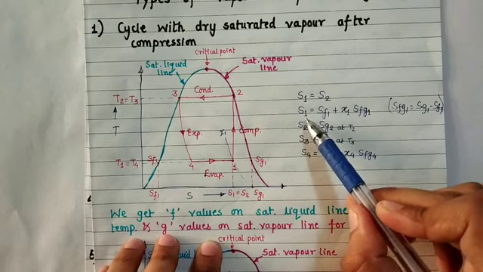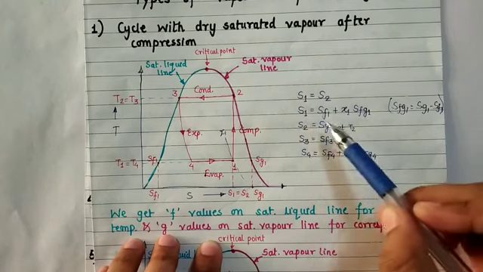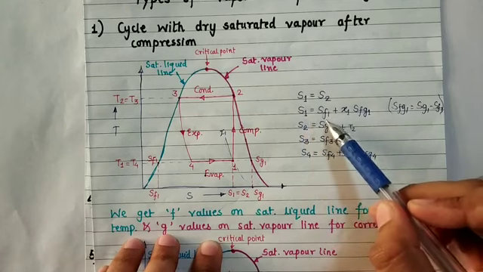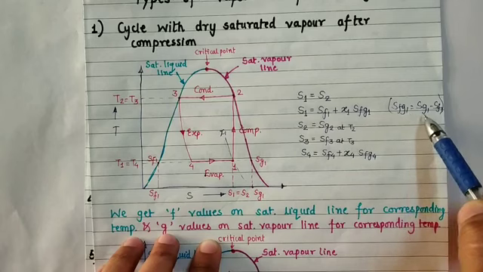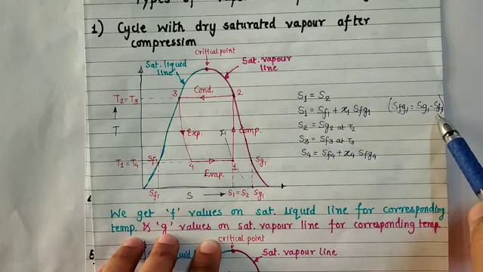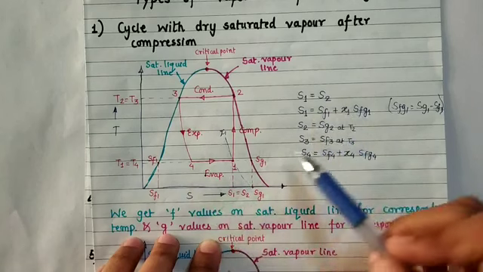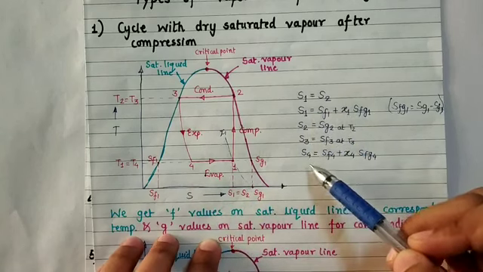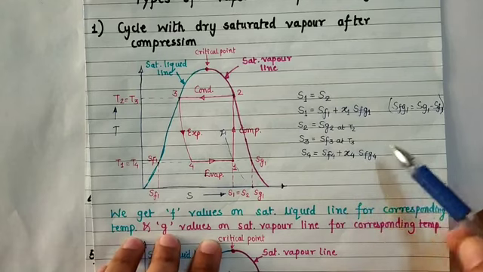So S1 and S4 need to be calculated through this formula. S1 is equal to SF1 plus X1 SFG1, where SFG1 is nothing but SG1 minus SF1. In similar way we need to calculate the value of S4 as well. S4 is equal to SF4 plus X4 SFG4.